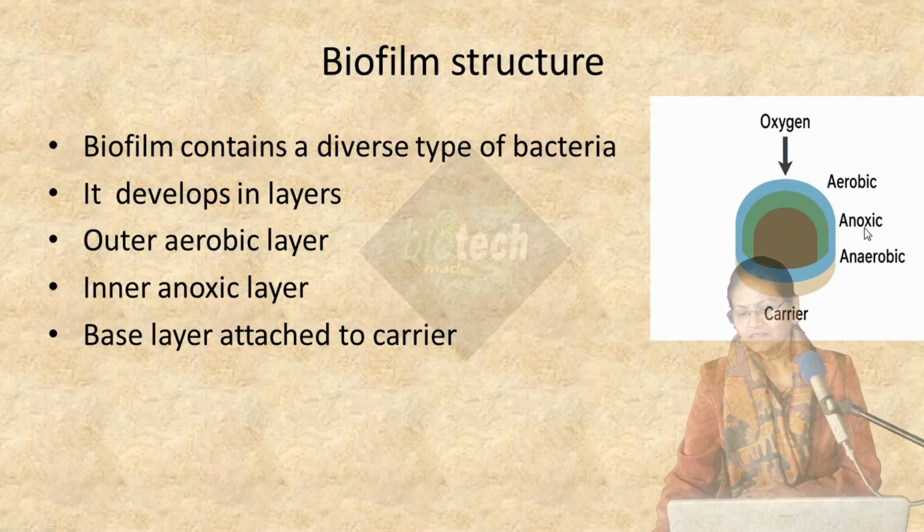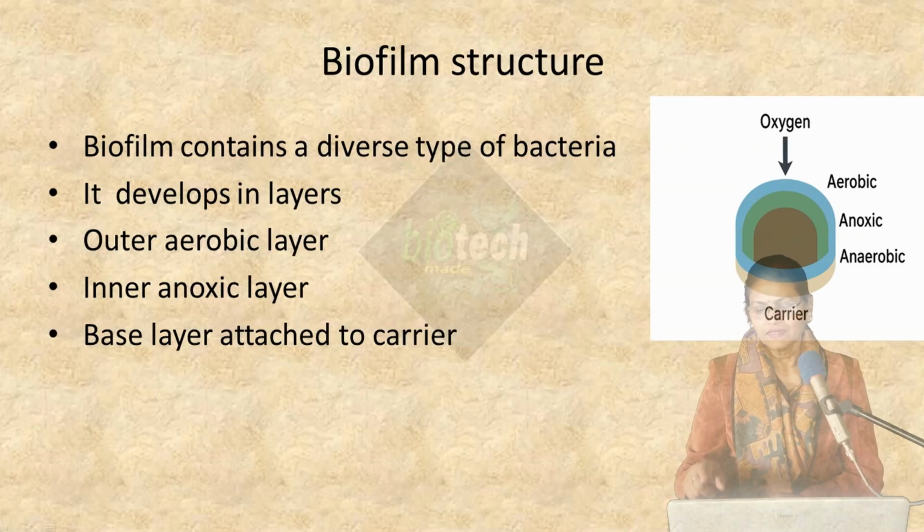Then the middle one is anoxic, and the innermost one is anaerobic. In the middle and inner layers, the microorganisms are going to be denitrifying. So this is the diagram of the carrier.